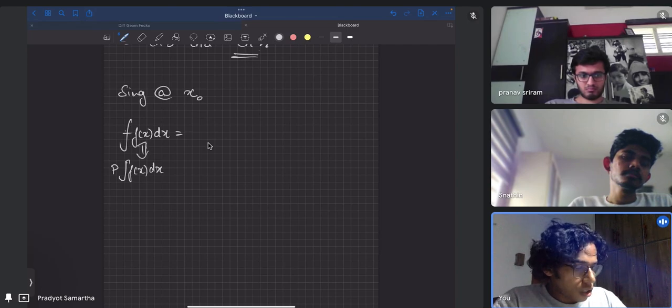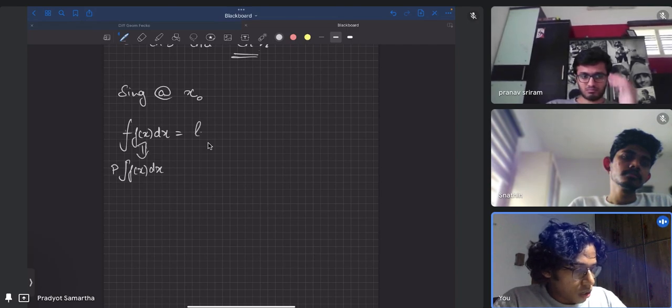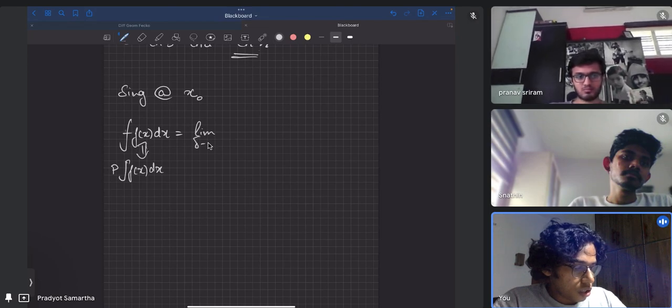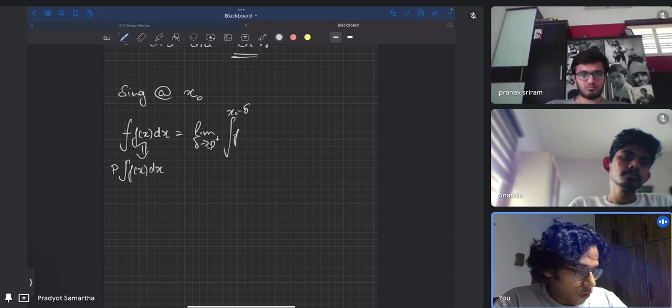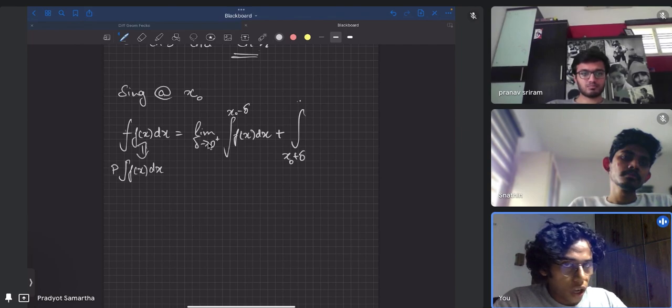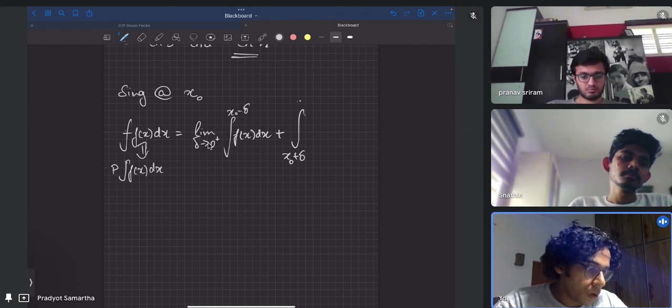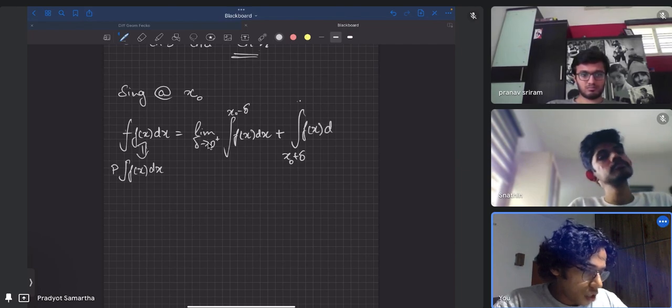Essentially this can be rewritten as the limit as delta tends to 0 plus of the integral from some lower bound to x0 minus delta of f of x dx, plus the integral from x0 plus delta to another upper bound of f of x dx.